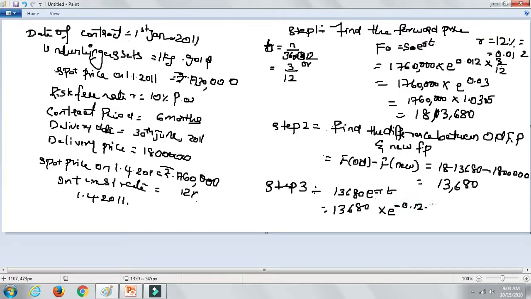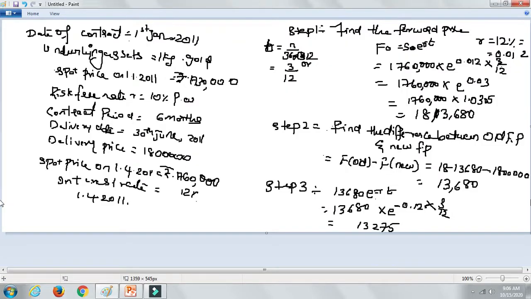Minus 0.12 into 3 by 12. So it will come to 13,275.